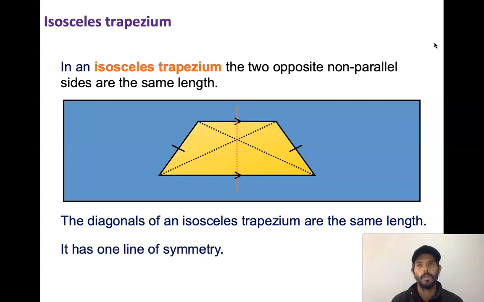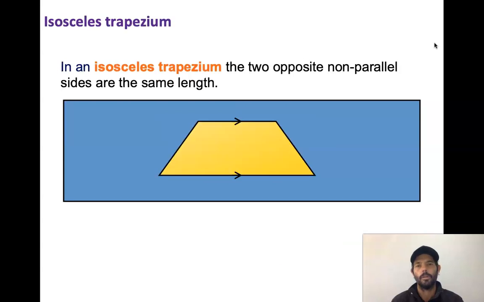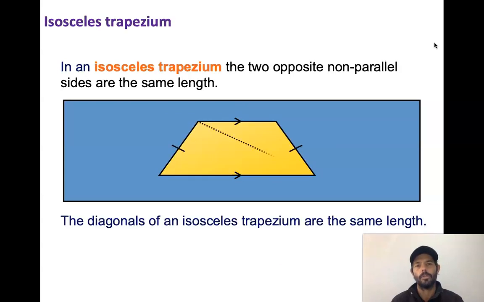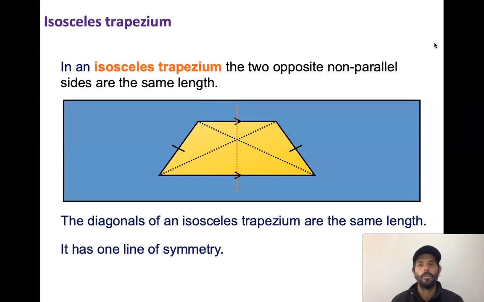There's one line of symmetry, so therefore it does have symmetry as indicated by the first question. So we've just seen in an isosceles trapezium that there is a line of symmetry, which is great. So yes to the first question. And then rotational symmetry, I will explain to you when we get into rotational symmetry of all shapes.